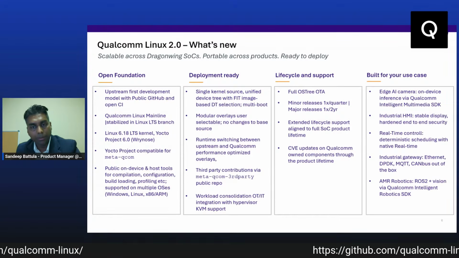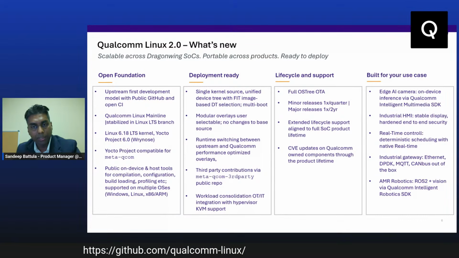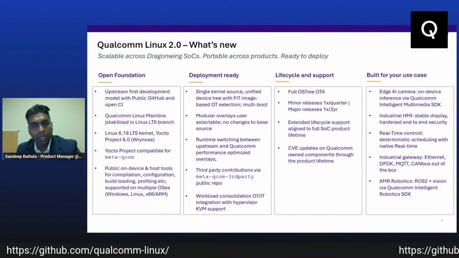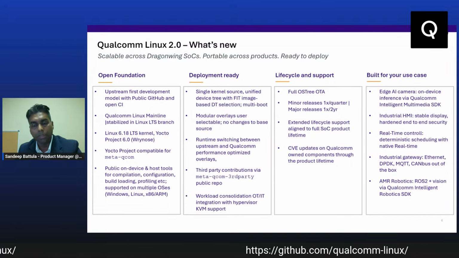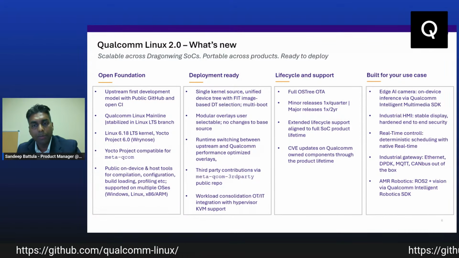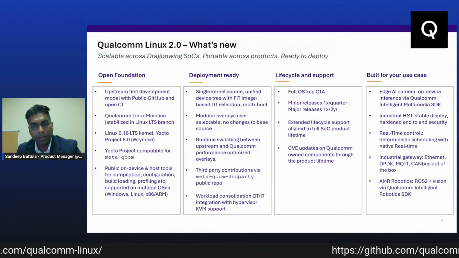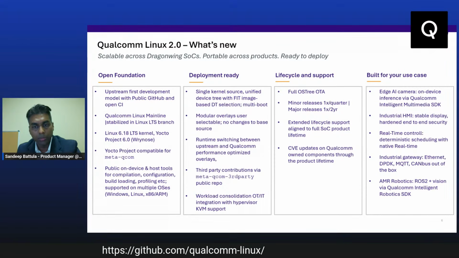And we will continue to do our quarterly releases, which have the features that are fully validated. This will be followed by a major release in 2 years with a Yocto upgrade cycle. And we support extended lifecycle for the full SoC product lifetime, and we provide CVE updates on the Qualcomm owned components through the product lifetime.